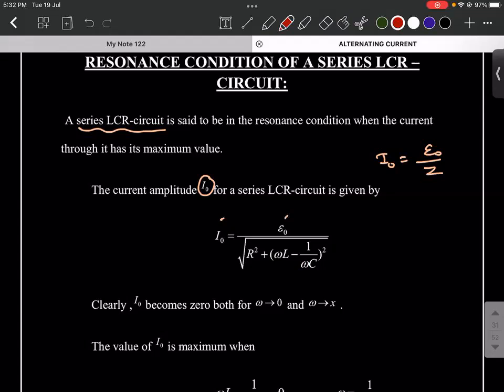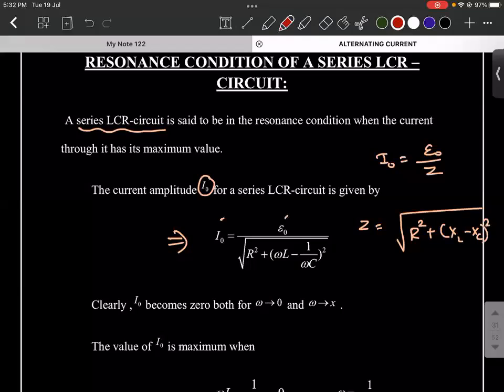So this will imply that I naught is equal to, what is the value of E naught? It is the peak value of EMF, divided by, in the place of Z, what can you write? Z is equal to root of R square plus XL minus XC the whole square. Did you write this?